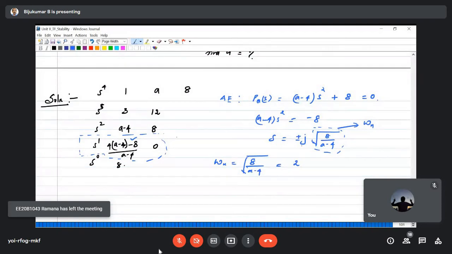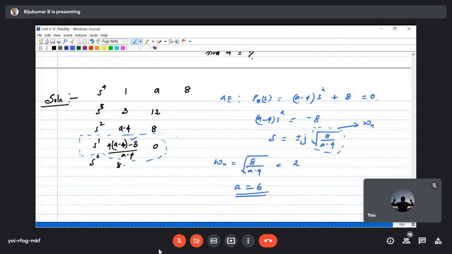Right. So if you solve this, you will get A equal to 6. We don't need to worry about the other pole locations, right? So if you place this, it will come plus or minus 2.